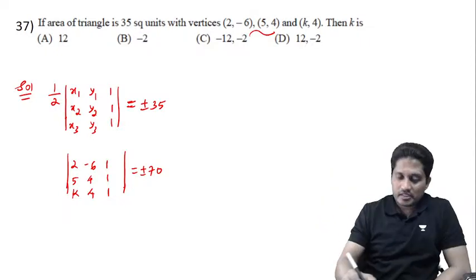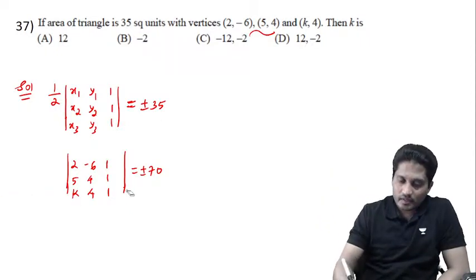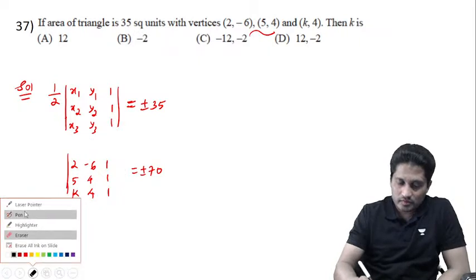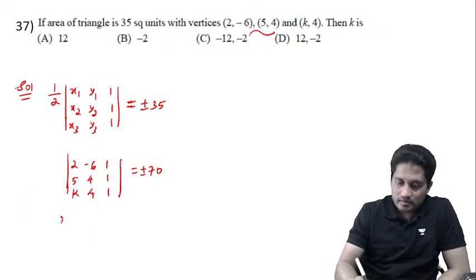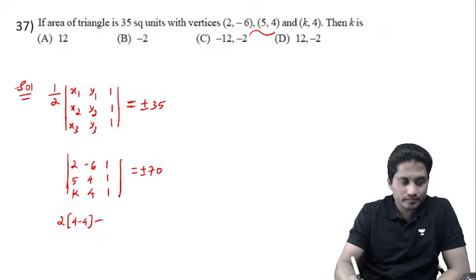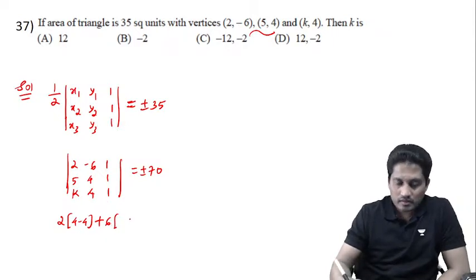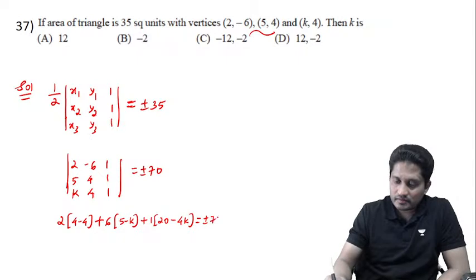Okay, now if I expand this, you get 2 into delete first row first column. This is the determinant. 2 into delete first row first column, you get 4 minus 4, which is 0. Right, plus 6. Delete first row second column, you get 5 minus k. And delete first row last column, you will get this as 20 minus 4k is equal to plus minus 70.